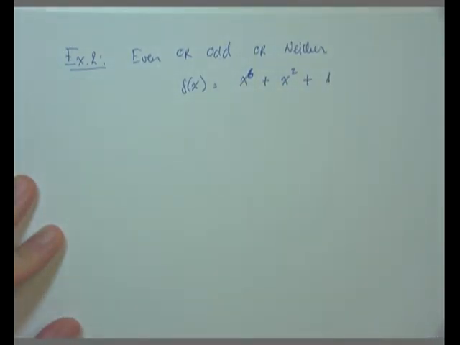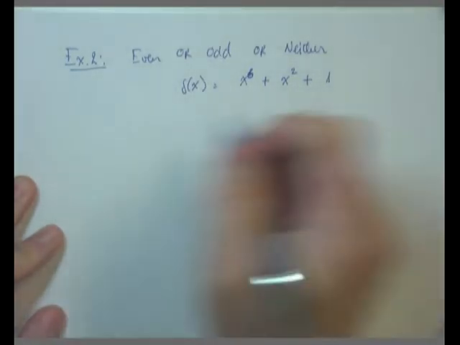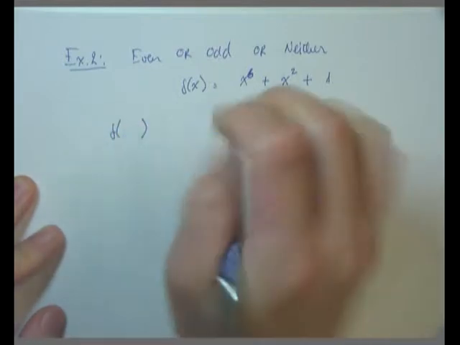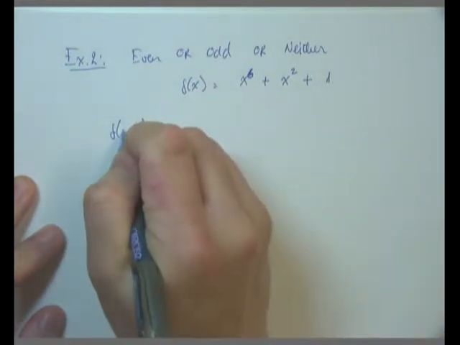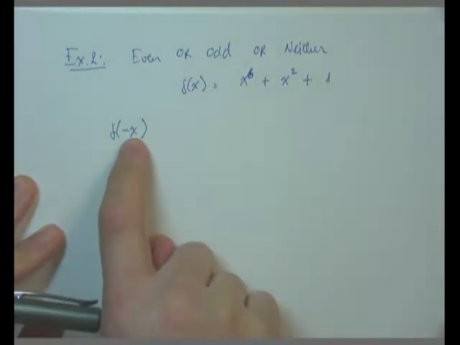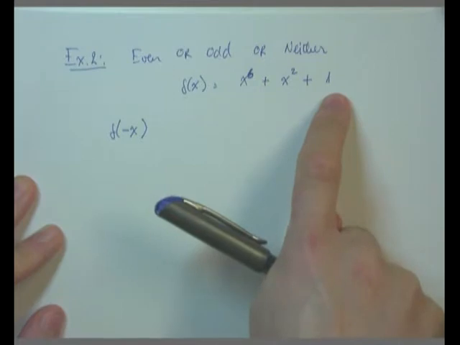Once again, let's see if this function is even or odd or neither. The starting point is always with the function. Now you're going to replace the input x by a minus x. So I'm substituting a negative x into the input of my function.